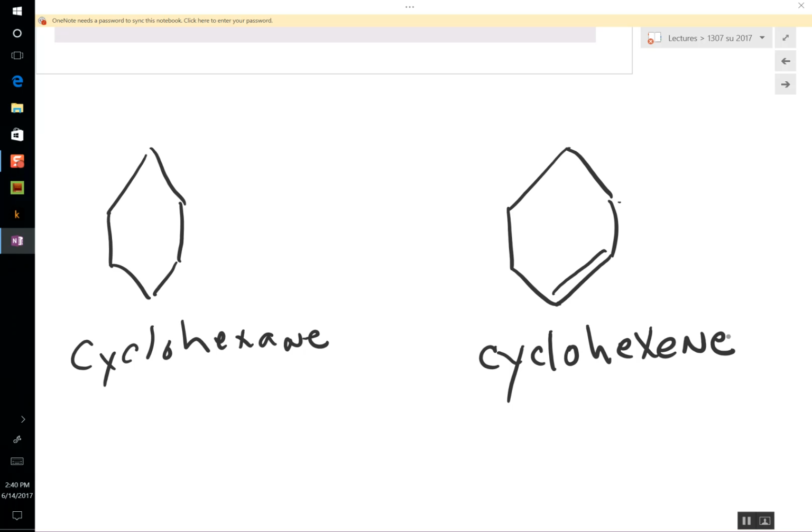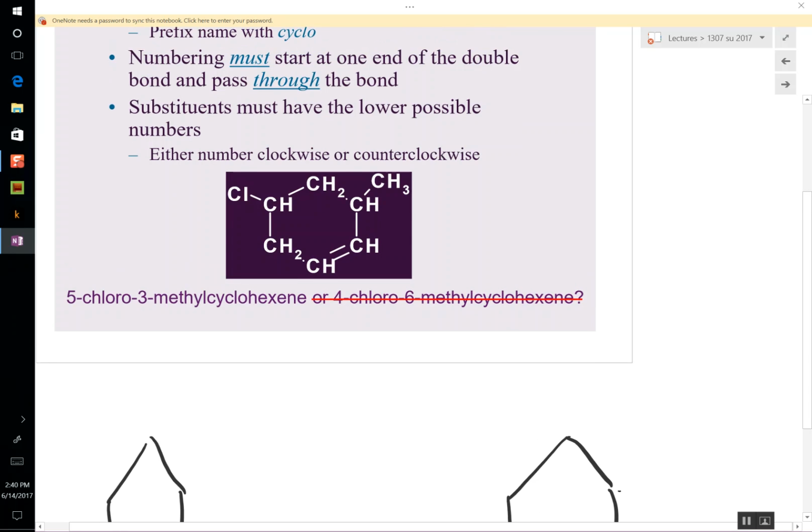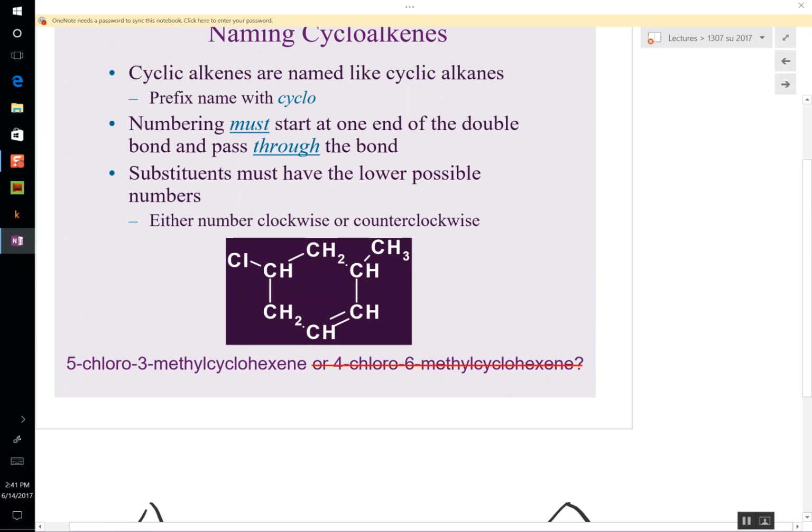6 carbons. Okay, now let's get a little bit complicated. I'm going to go up to the original slide here, and what do we have? We've got a ring like that, but we got some things on it. So what we're looking at is, if we were looking at a line diagram, we'd be looking at something like this.